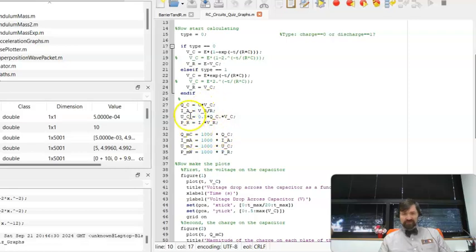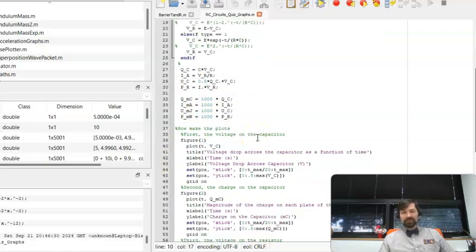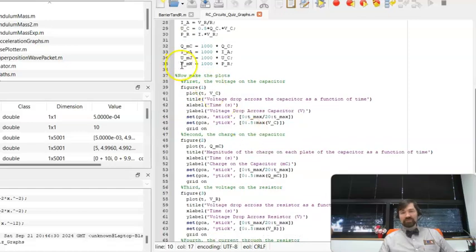I have those in MKS units, and also in quasi-CGS units, since these are millijoules and milliwatts. I have millicoulombs, milliamps, millijoules, and milliwatts.